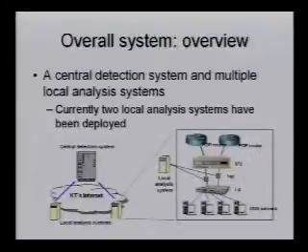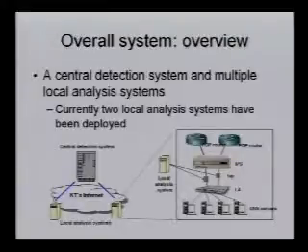Our system consists of one central detection system and multiple local analysis systems. A local analysis system has been installed per DNS server farm basis. A local analysis system is attached to a DNS server farm through two taps. These two taps are located in between IPS and layer 4 switch.